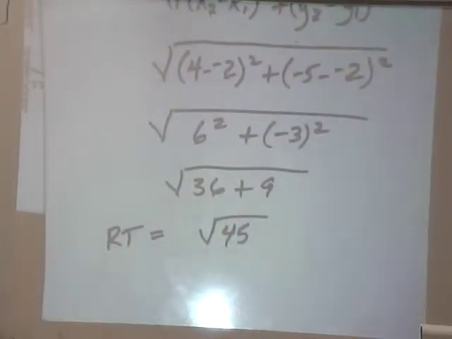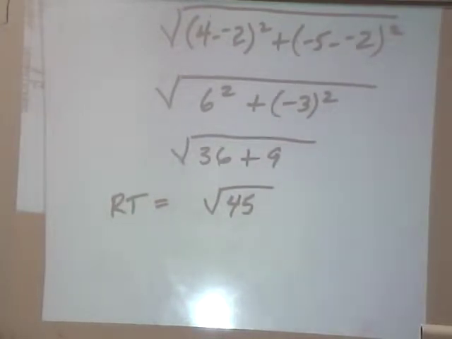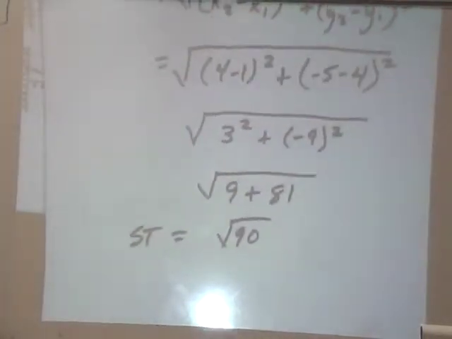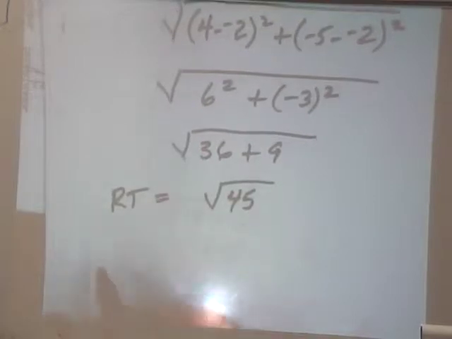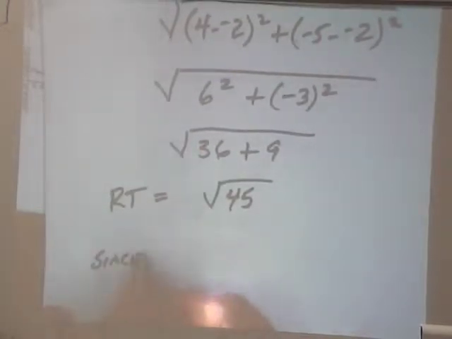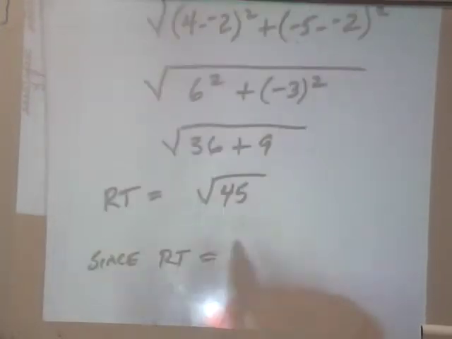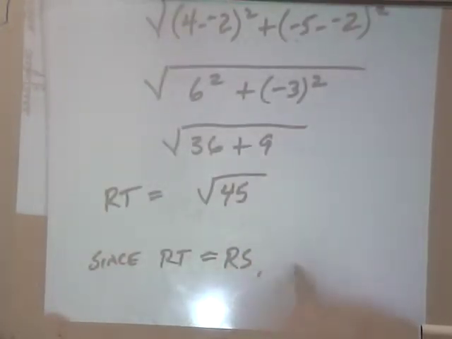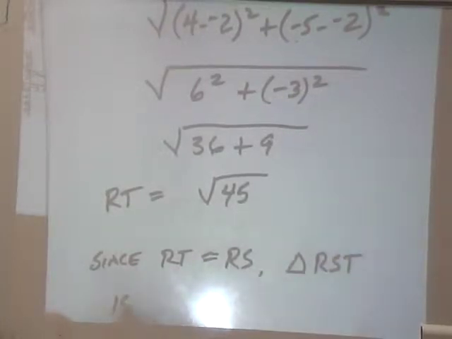Okay? So RS was square root of 45, RT was square root of 45, and ST was a square root of 90. So two sides are the same, right? So since RT is congruent to RS, triangle RST is what?